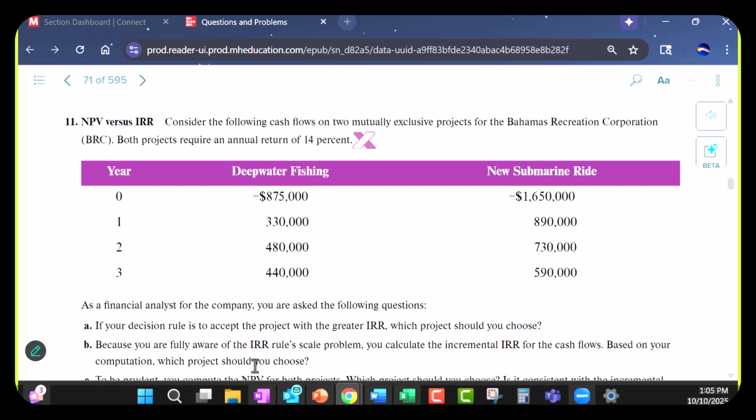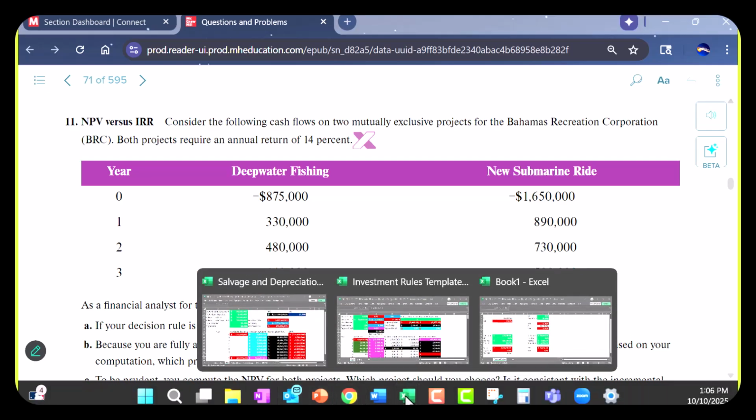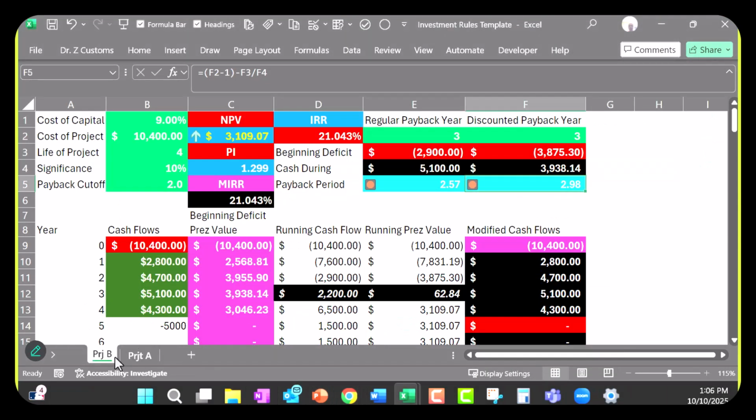This is problem number 11 at the back of the chapter. So consider the following cash flows on 2 mutually exclusive projects for the Bahamas Recreation Corporation. Both projects require annual return of 14%. These are the cash flows. And let's go ahead and make the calculations.